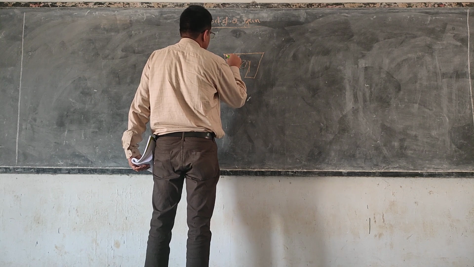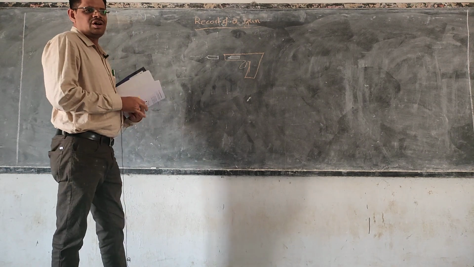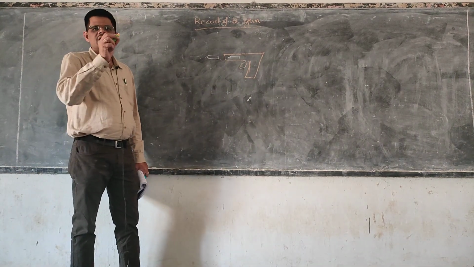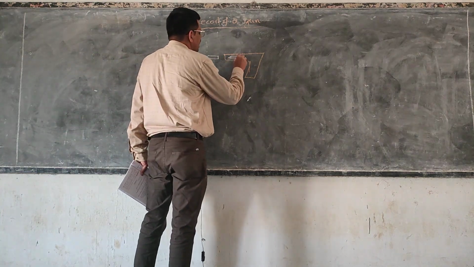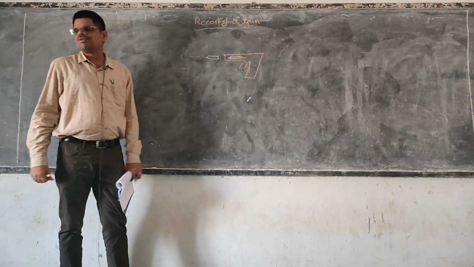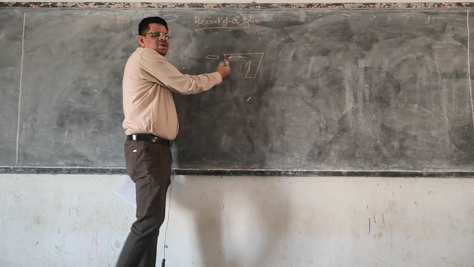This bullet moves out of the gun only when a force acts on this bullet in this direction. When a huge amount of force acts on this bullet in this direction, only then will the bullet come out.